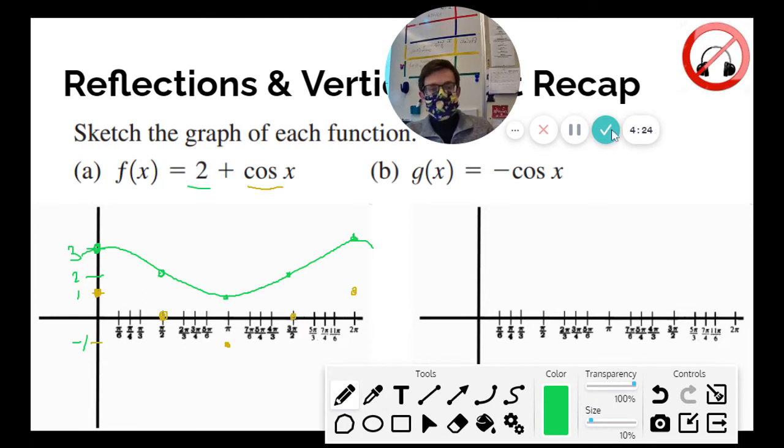In the same way, when we have reflections, we start by just graphing cosine. So I'll use that kind of gross yellow again. So we start at 0, 1. We have those points at pi over 2, 0, at pi -1, 3 pi over 2, 0, and 2 pi, 1.